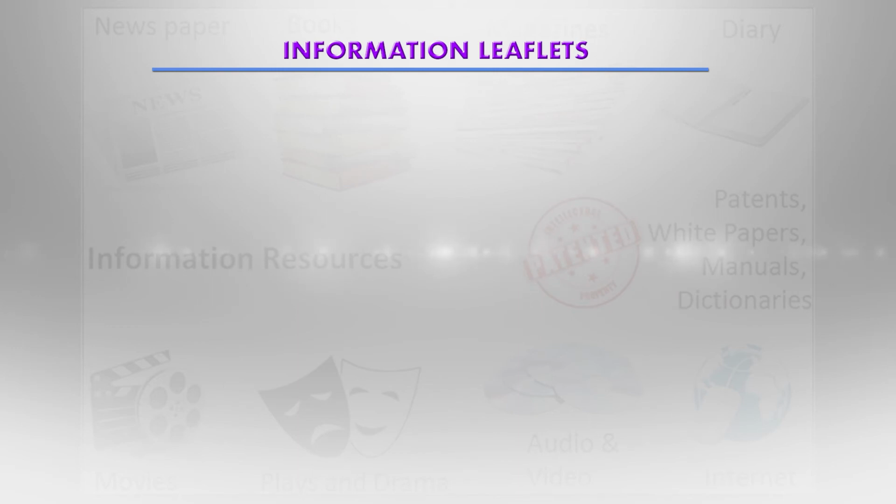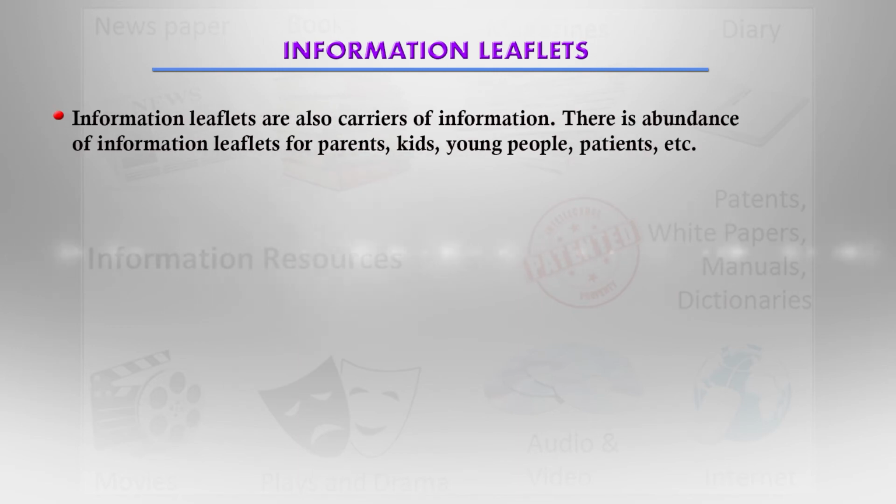Then comes the information leaflets. Information leaflets also carry primary information within them. There is an abundance of information leaflets on various topics, like leaflets for parents, kids, young people, patients, etc. For example, you have seen when you visited a dentist, after a surgery or a dental procedure, they gave you a leaflet containing the information about do's and don'ts.